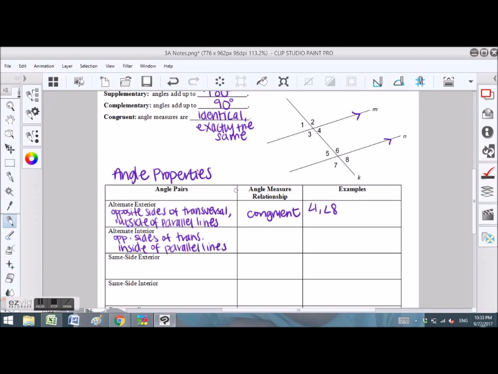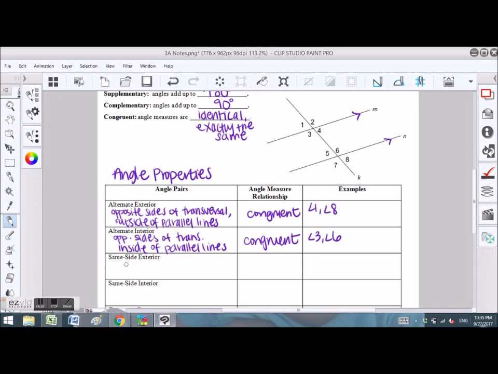So opposite sides on the inside, for example, angles 3 and angle 6 would be alternate interior angles. And they are also congruent. If you look at angle 3 and at angle 6, if you rotated this around, you would see that it's exactly the same thing. So now we have same side exterior.